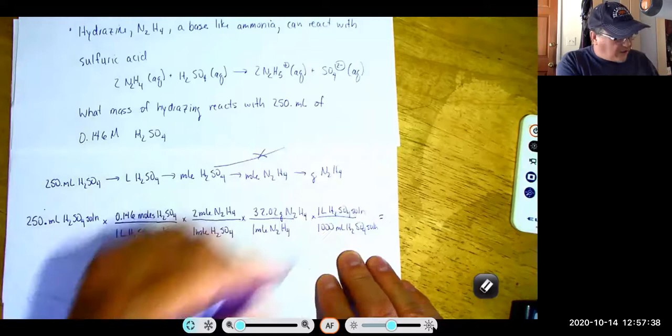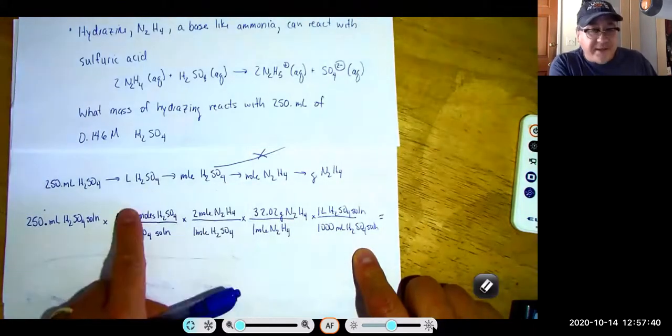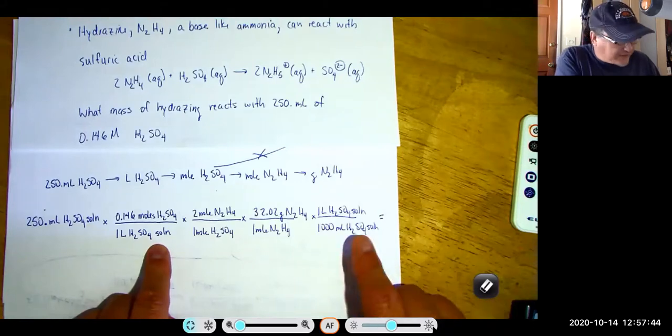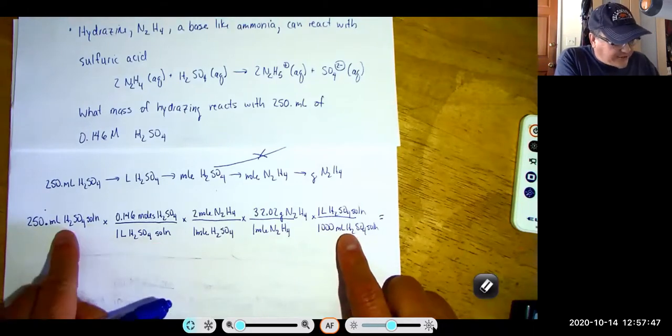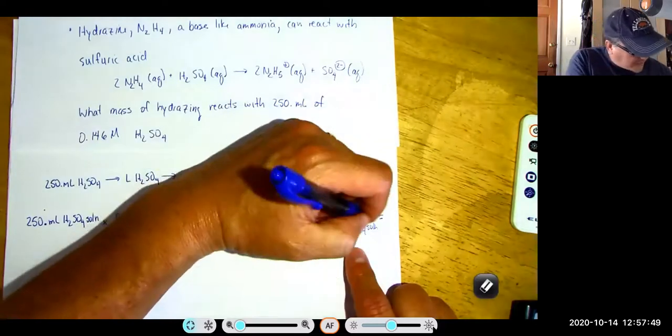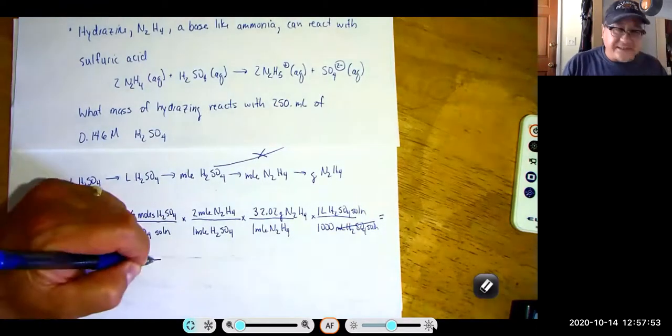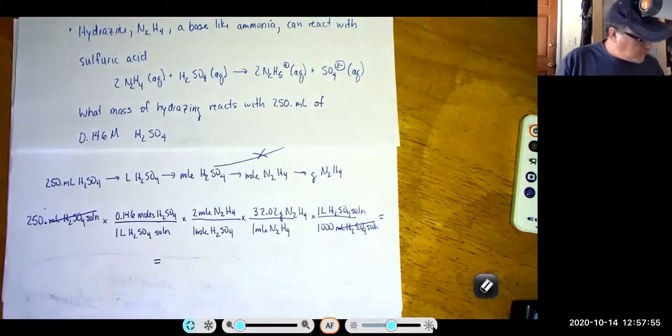So it doesn't matter if you do them in order, although it makes a lot more sense to do it in order. I can put this conversion here. I just need to make sure that the right thing's on the bottom compared to what's on top. So not as nice as I'd like it to be, but it'll work.